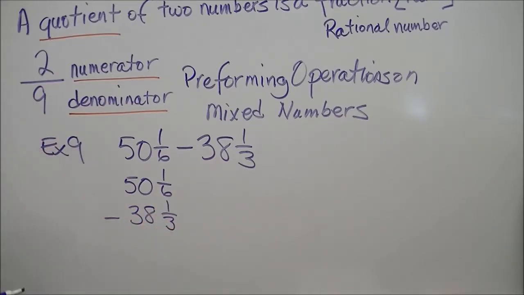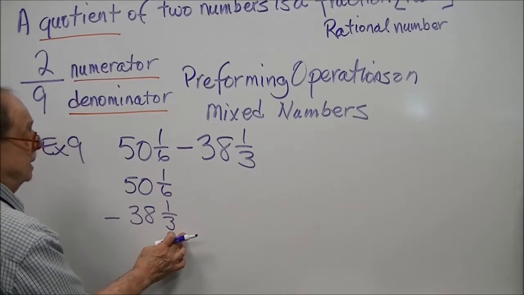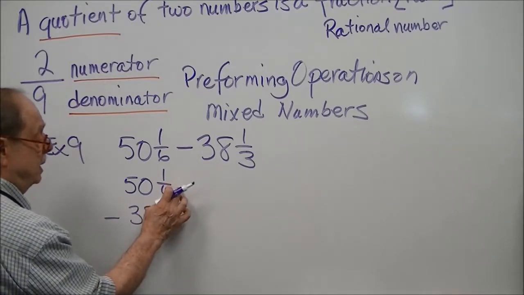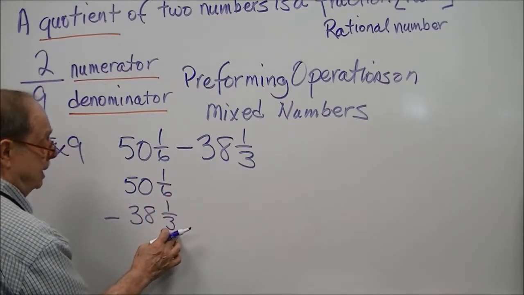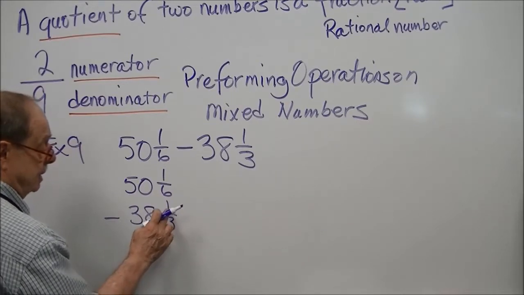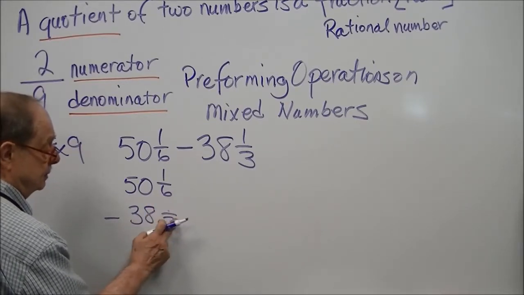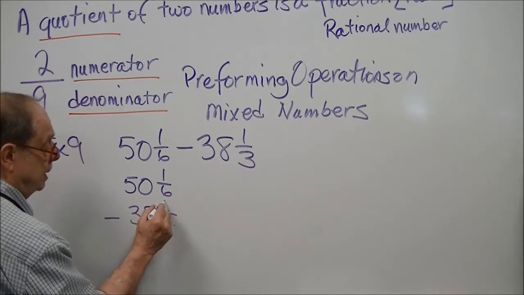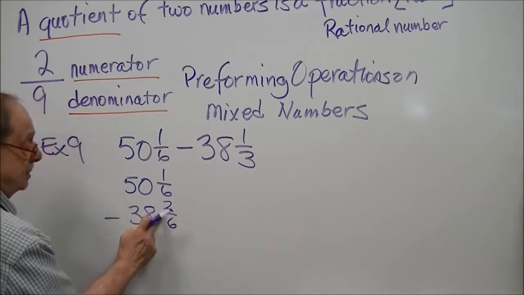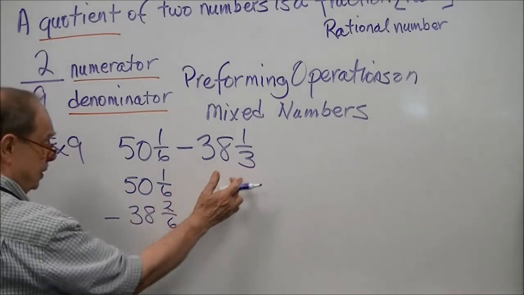And then what you need to do is manipulate it a little bit so that you get common denominators. So here, our common denominator will be a 6. So I'm just going to change this to 2/6.